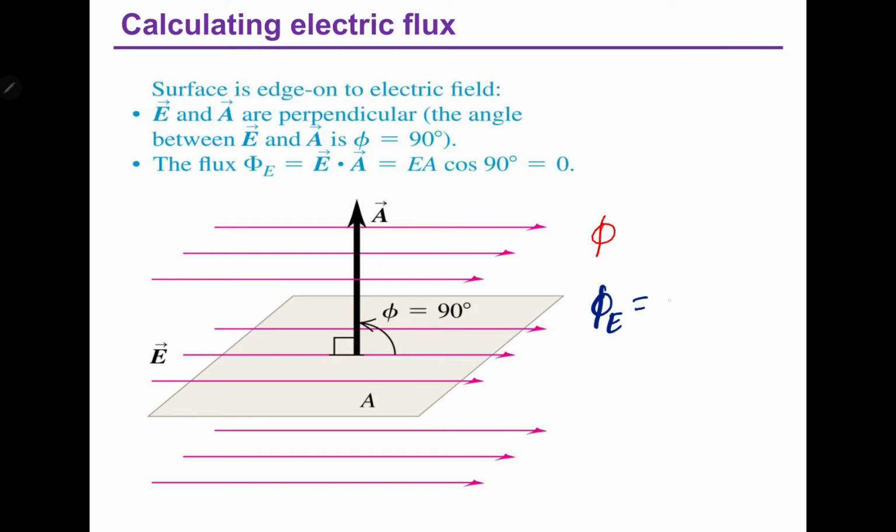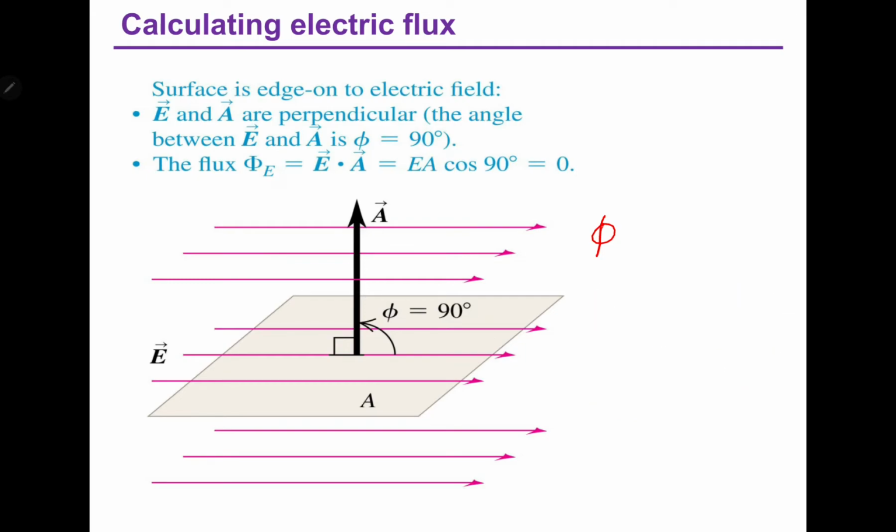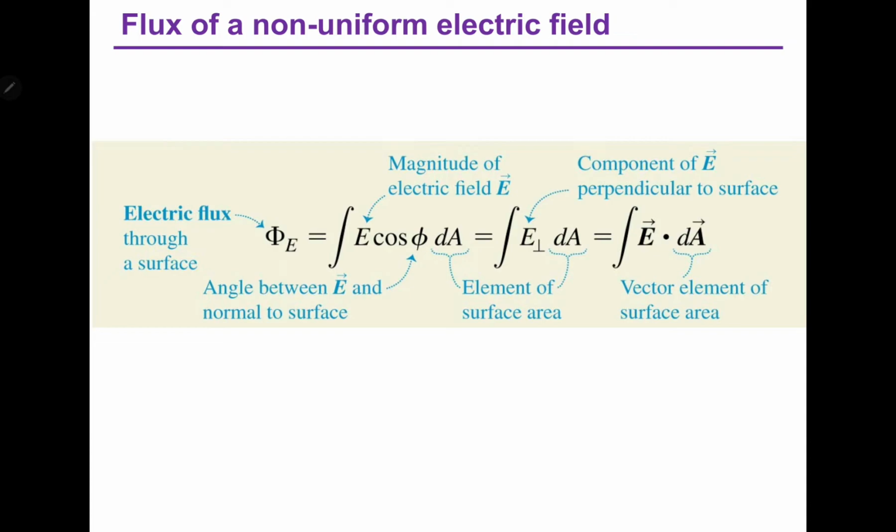Okay, so the common formula to calculate the electric flux is E A cos phi. So remember, this phi is the angle between E and A. Okay. So we can write down electric flux in different formats. Flux of non-uniform electric field.